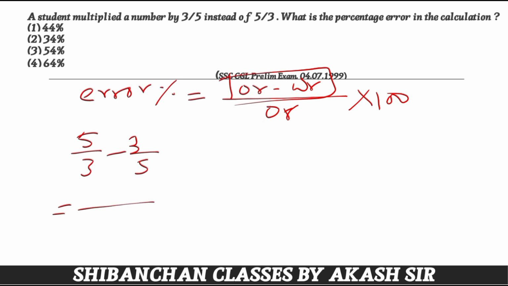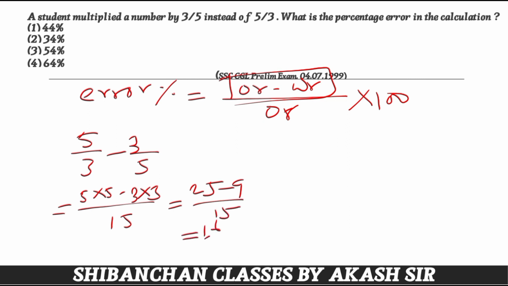Okay, now 15 is the LCM, and 3 5s are 15, that means 5 into 5, 5 3s are 15, 3 into 3. What do we get? 25 minus 9 by 15, that is 16 by 15.